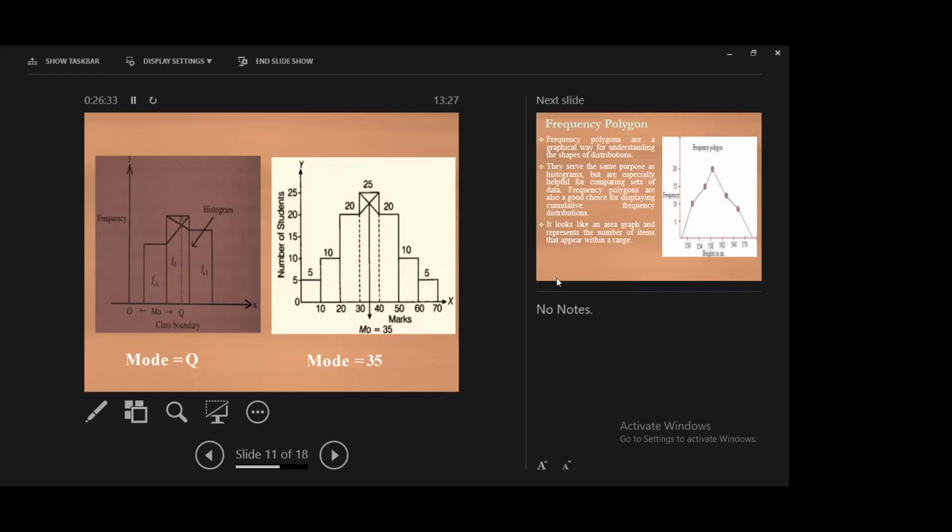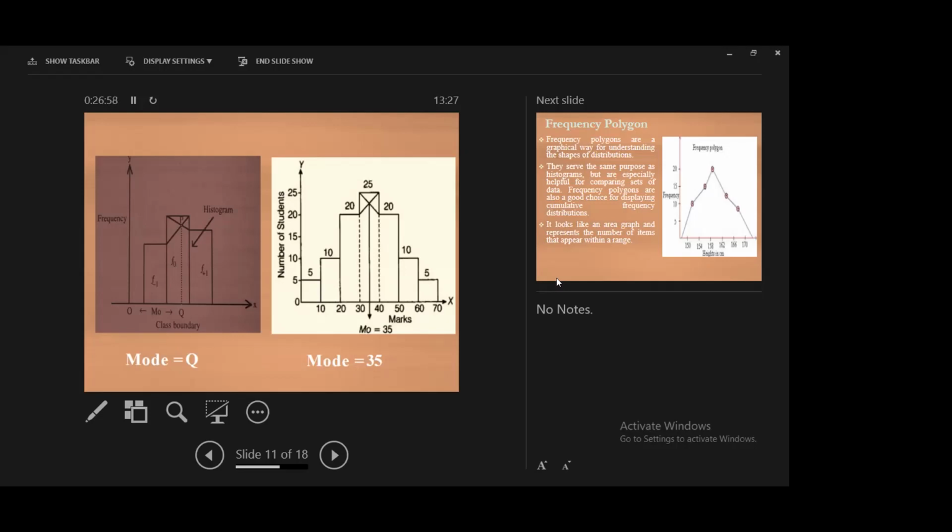Another measure which can also be calculated graphically is quartiles. What are quartiles? They divide your data into 4 equal parts. What are percentiles? They divide your data into 100 equal parts. For all these measures, you draw the cumulative frequency curve, and suppose you want Q1. Q1 means 25% of the data.